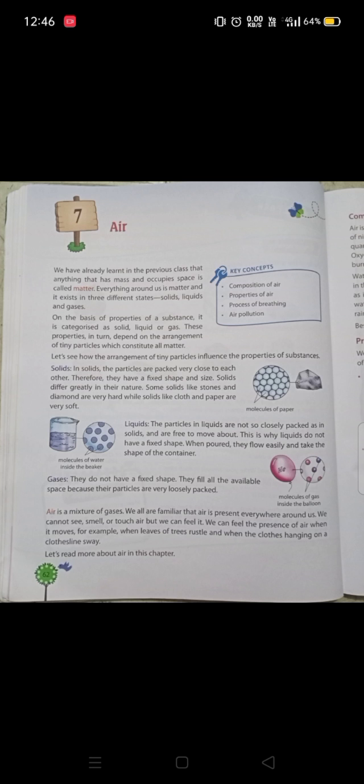Now you see here, one thing you can see here, the molecules of paper. They are showing these molecules under a microscope. So you can see how they are arranged. They are closely packed.